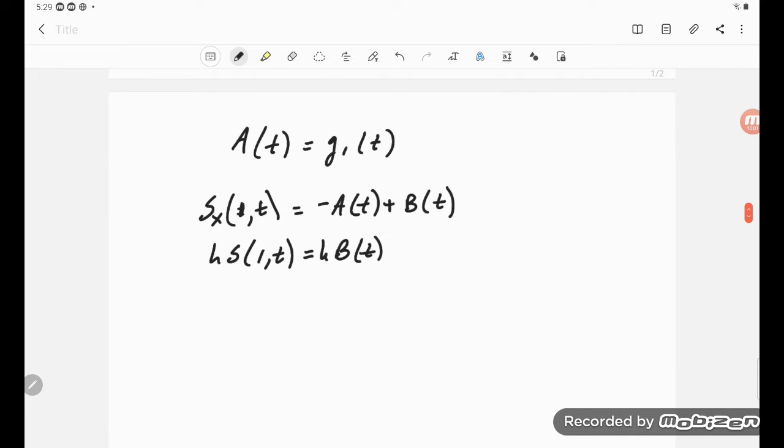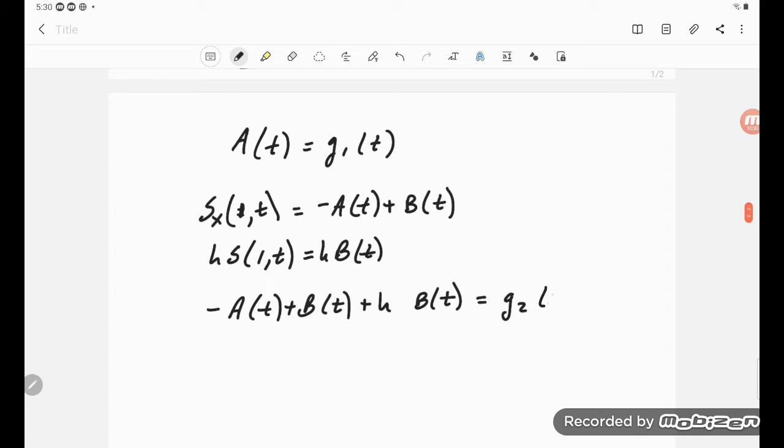And so what we have here is that minus A of t plus B of t plus H B of t. Guess I don't need that parenthesis there. Is equal to G2 of t.